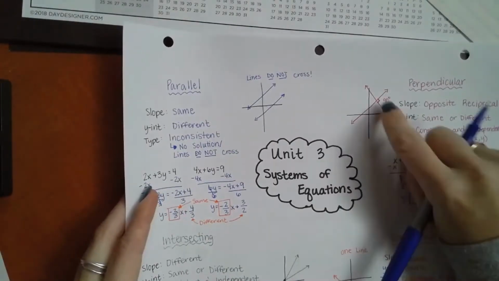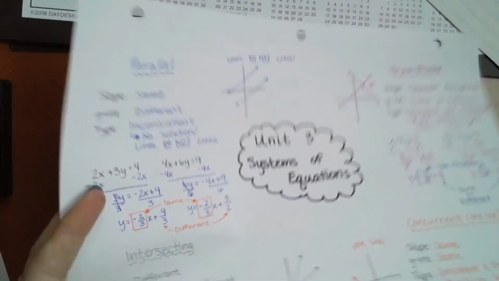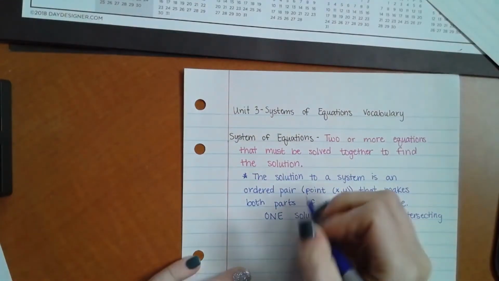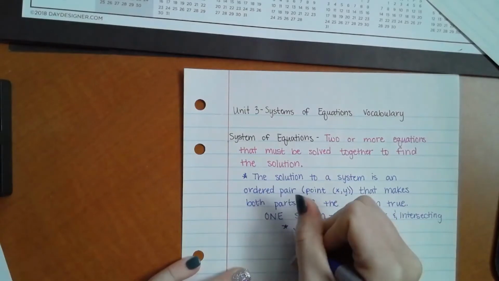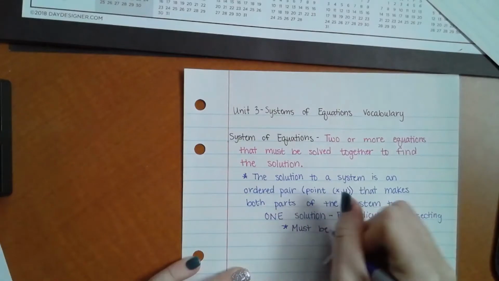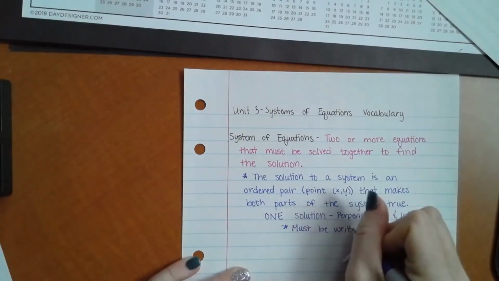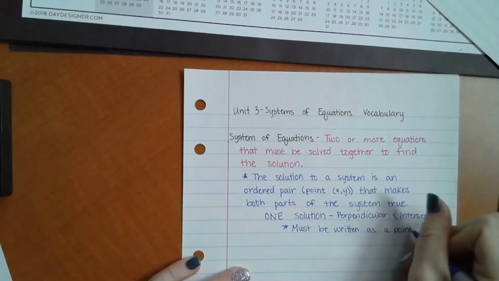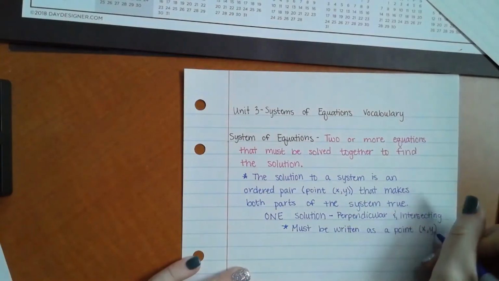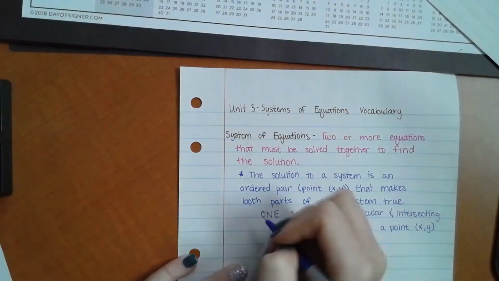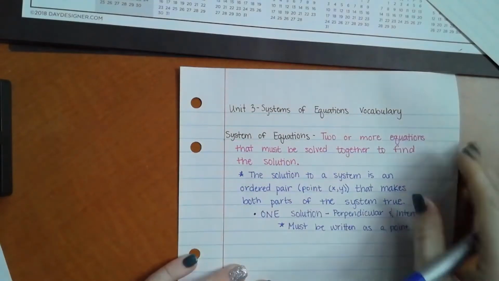And that's because you're going to cross at just one spot, making that your one solution. And that solution must be written as a point. So x, y. So when you write your answer, make sure that you put it in a point format.